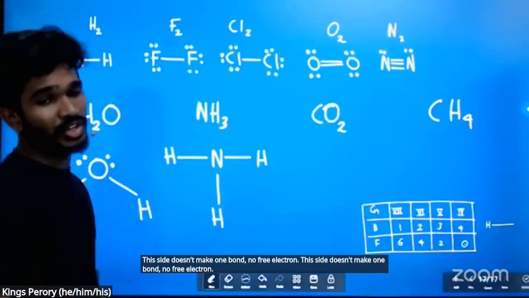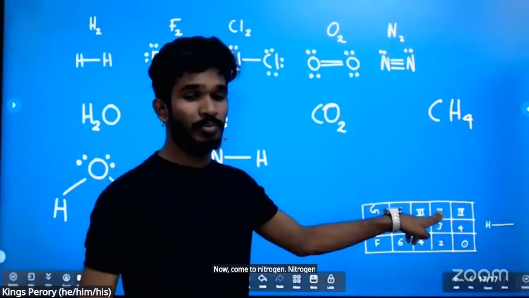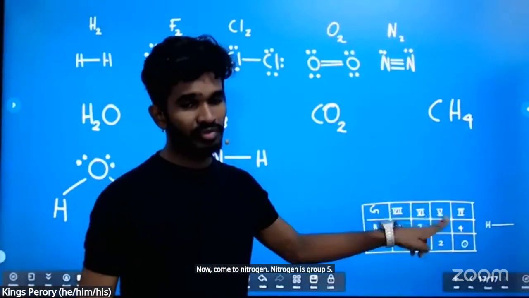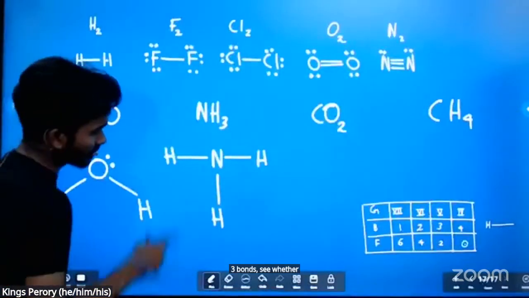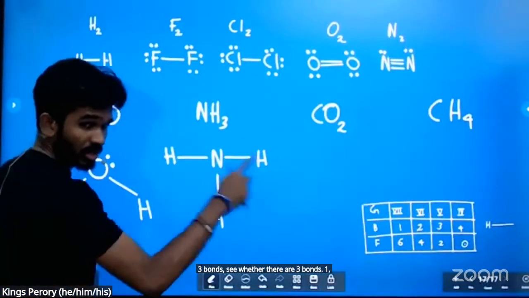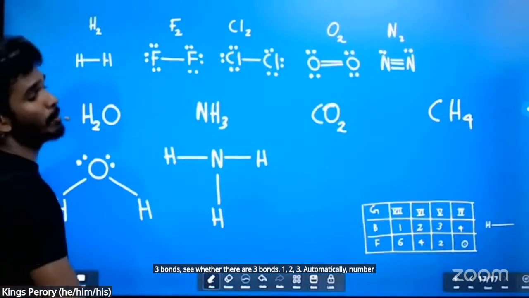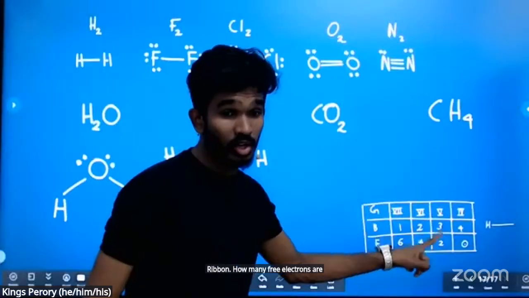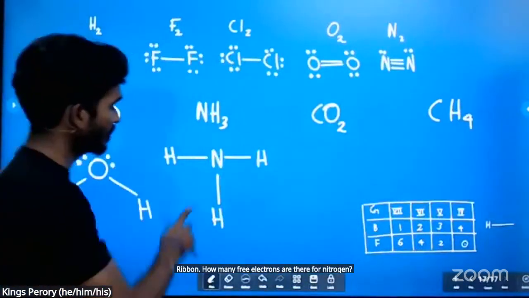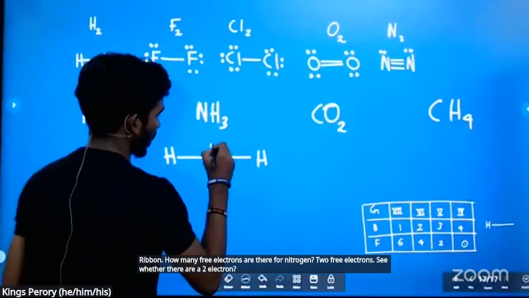Now come to nitrogen. Nitrogen is group 5. Nitrogen forms how many bonds? 3 bonds. See whether there are 3 bonds. 1, 2, 3. Automatically number of bonds will be completed. How many free electrons are there for nitrogen? 2 free electrons. 1, 2.